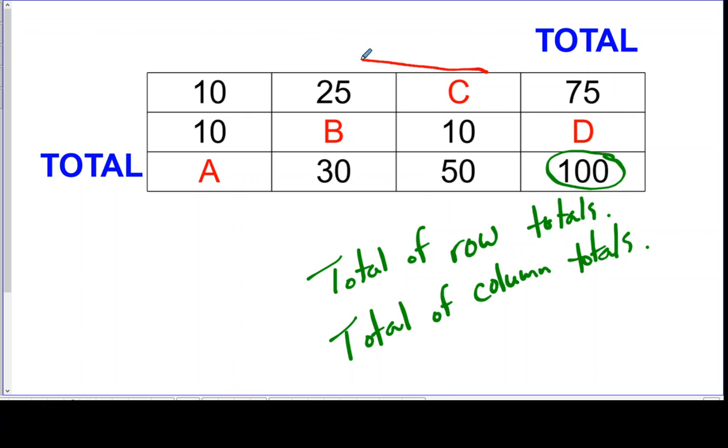Like all of these numbers right here that are not totals, when you add all of those numbers together, it's going to be equal to 100. So 75 plus D is 100, and also the total of these numbers in this row will also be 100. So 100 represents the grand total of everything in the table.